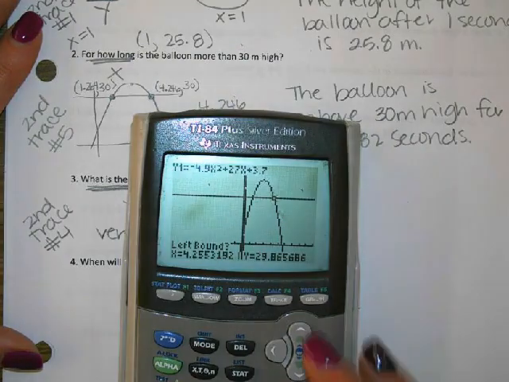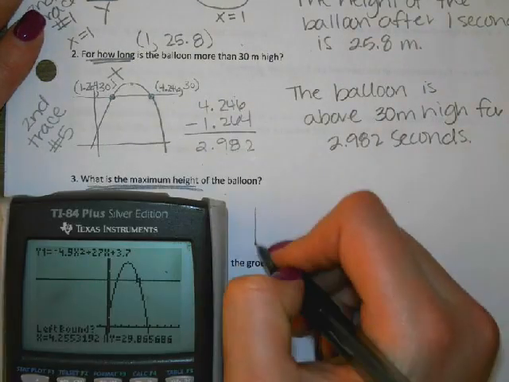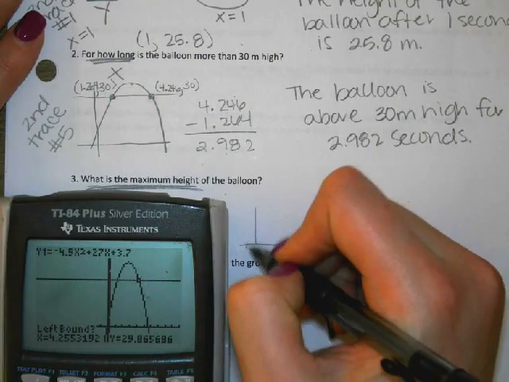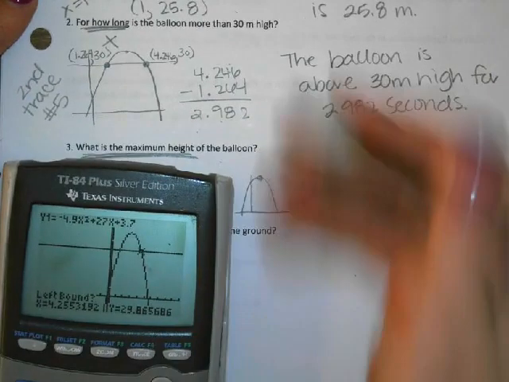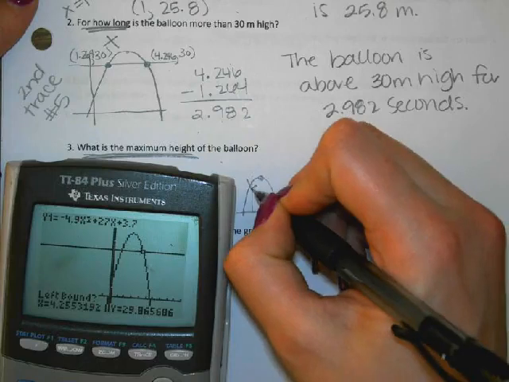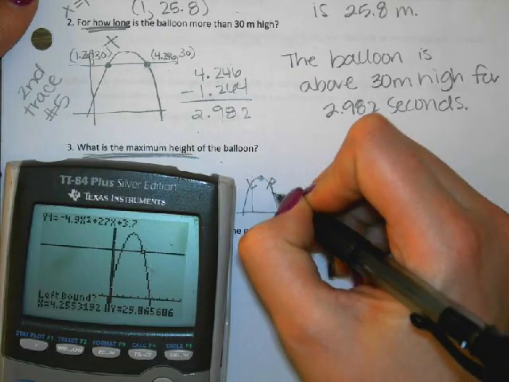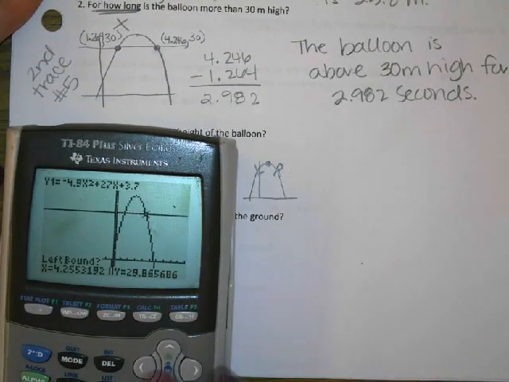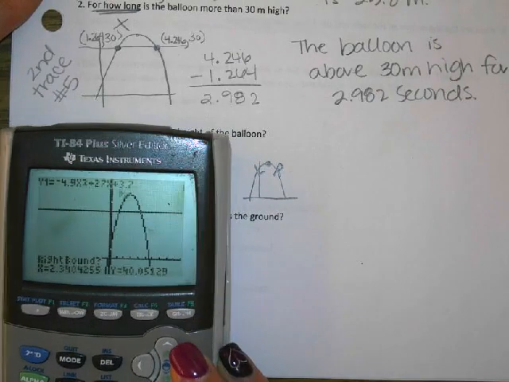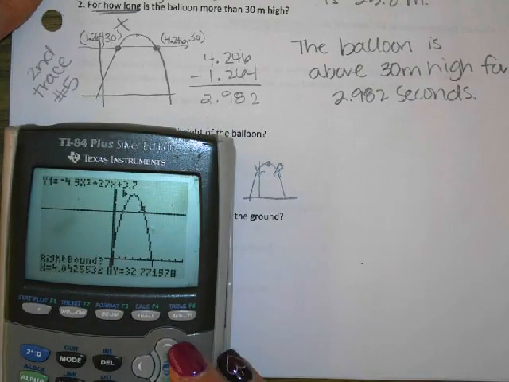All right, and so when you do this, you're looking for the maximum height. There's your vertex. You have to do left bound and right bound for this. So your left bound should be to the left of the highest point, and your right bound should be on the right side. So we'll go over here for left bound, and then over here on the right side for our right bound.